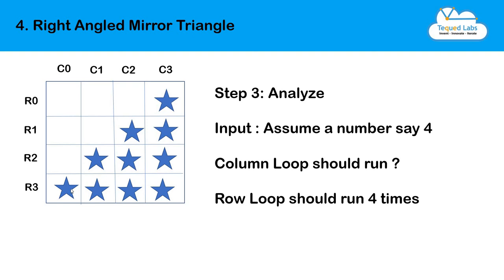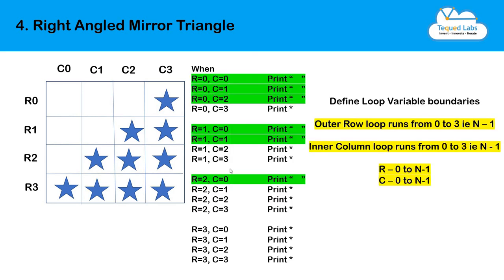Now let us analyze the complete pattern. The row loop should run 4 times and the column loop should also run 4 times, but we need a special condition to print spaces and to print stars.